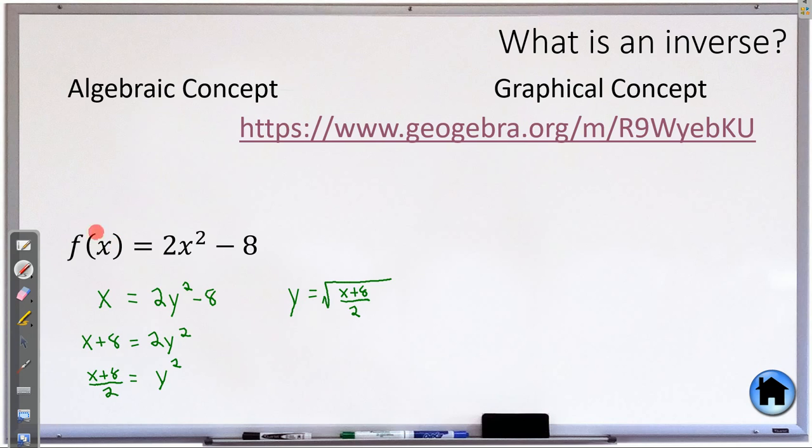And so to put this back into function notation, we would say that the inverse, and we use a little -1 to denote inverse, is equal to the square root of x plus 8 over 2. So that is our inverse function.